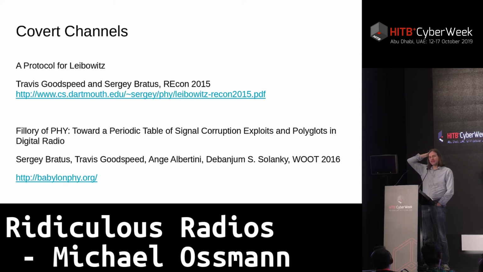And this idea of producing covert channels by having multiple different types of modulations simultaneously is something that has existed before, most notably by Travis Goodspeed and Sergey Bratus, who did some work, with some other friends in some cases, on classifying different physical layer modulations, radio systems, and making what they call polyglots, which are a radio modulation that's made up of multiple modulations.